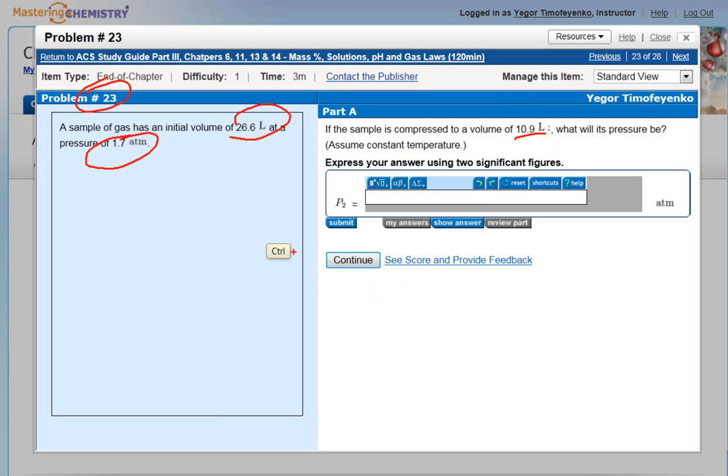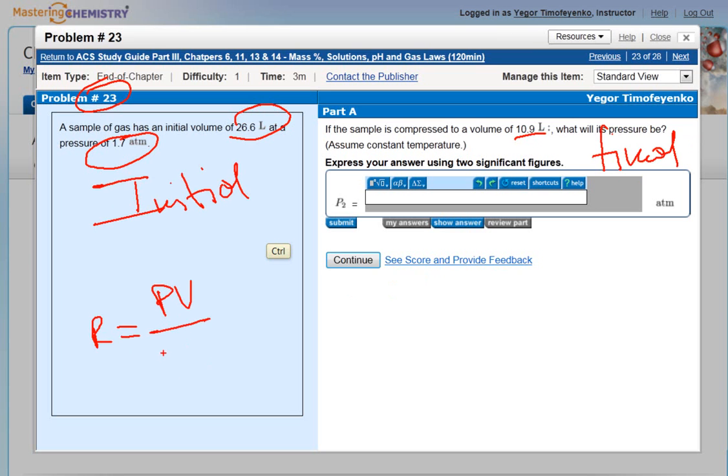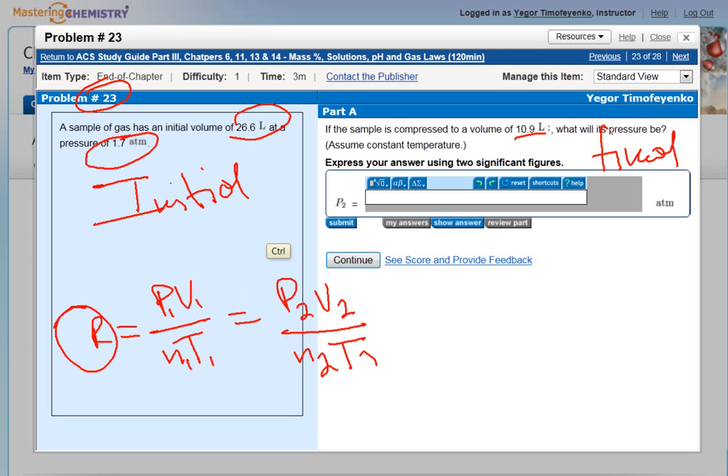In that case, we have an initial state and a final state. Our main equation is R equals PV divided by nT. R is a constant, therefore P1 V1 over n1 T1 is equal to P2 V2 over n2 T2. They're equal to each other because they're equal to the constant, for our initial state and our final state.